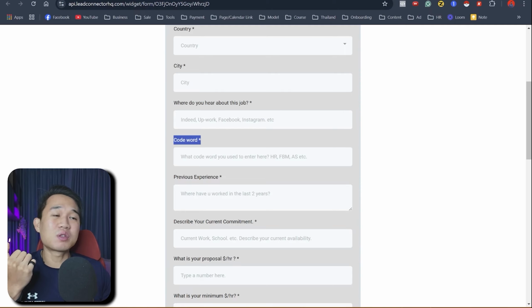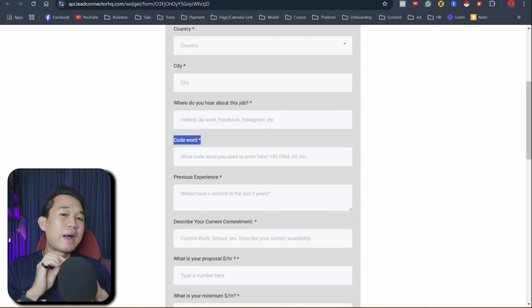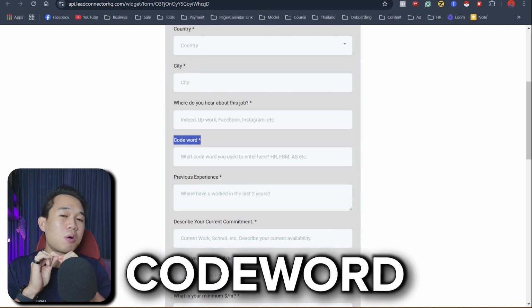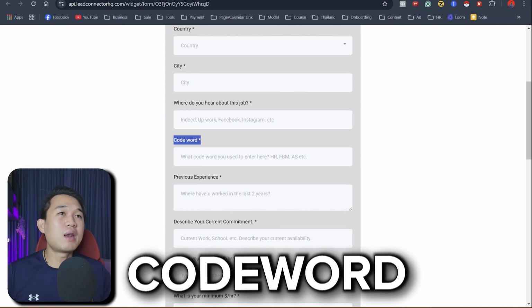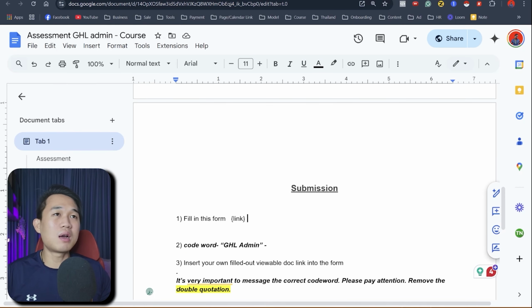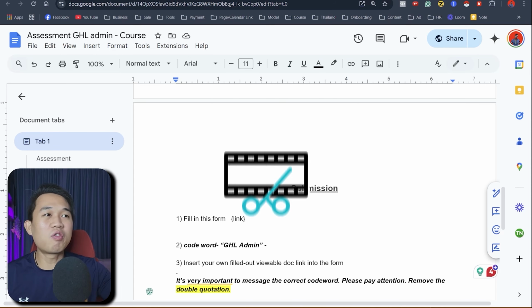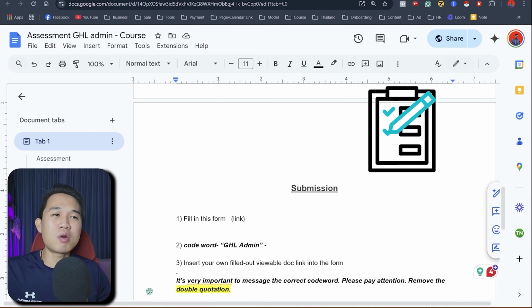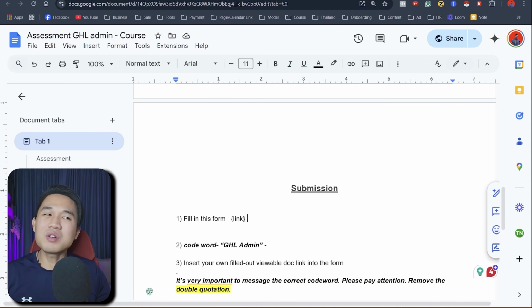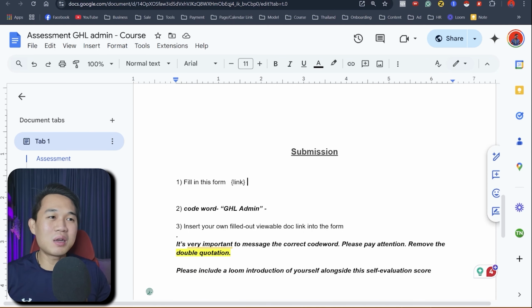We also have this code word. Remember, we have a code word to see if people can follow instructions. The one thing about the code word is that you could just use one form. When I was starting out, I was using multiple forms for multiple roles. We had one form for video editor and one form for appointment setter. But I realized you don't need that. You could just include the keyword on the assessment.